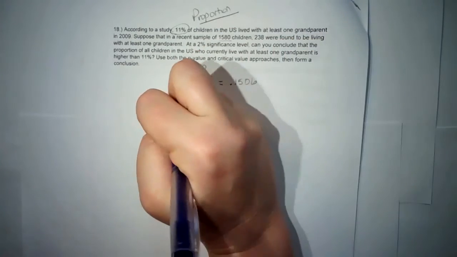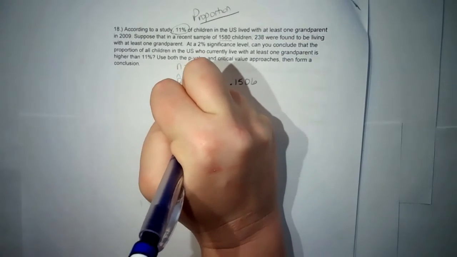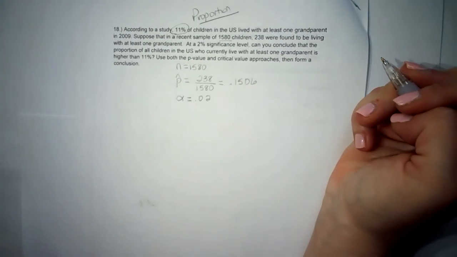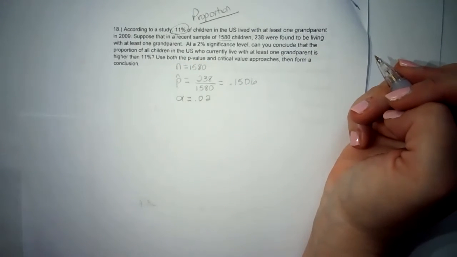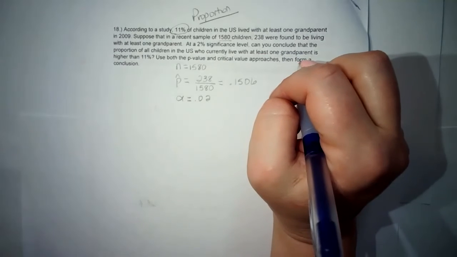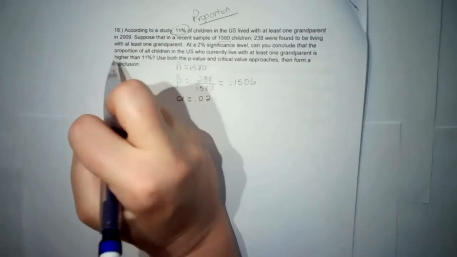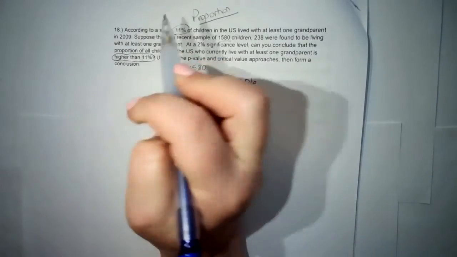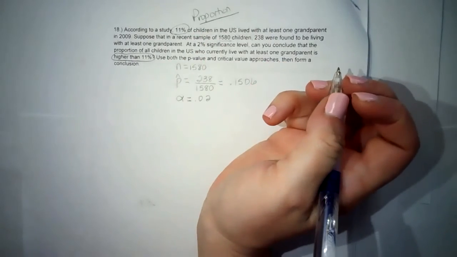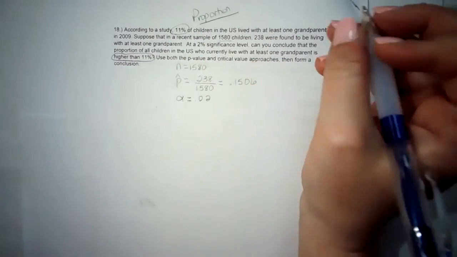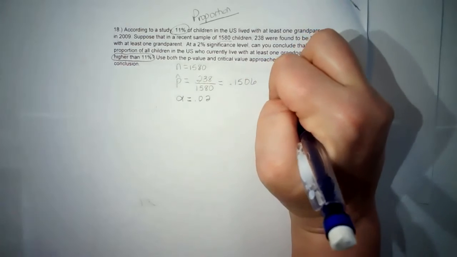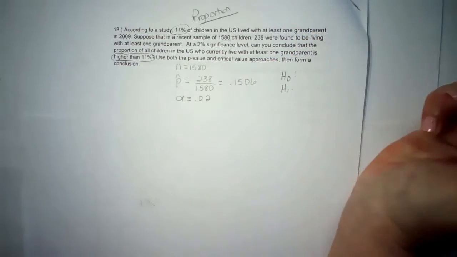Okay, 2% significance level. That's going to be 0.02. Okay. Can you conclude that the proportion of all children in the US who currently live with at least one grandparent is higher than 11%? It wants both approaches. Of course it does, right? Okay, let's make ourselves some hypotheses.